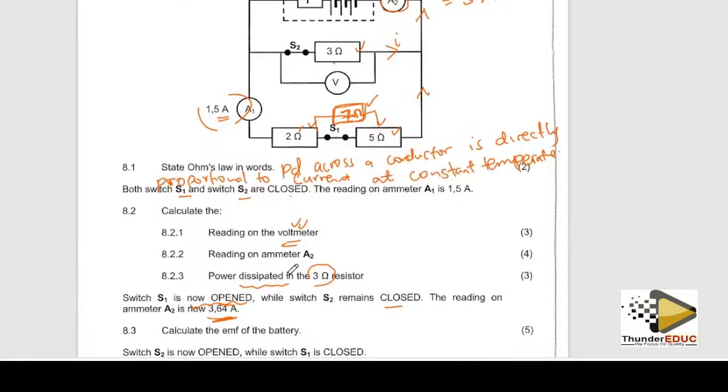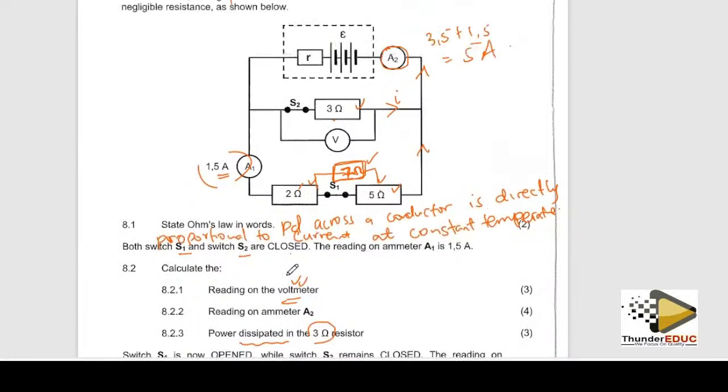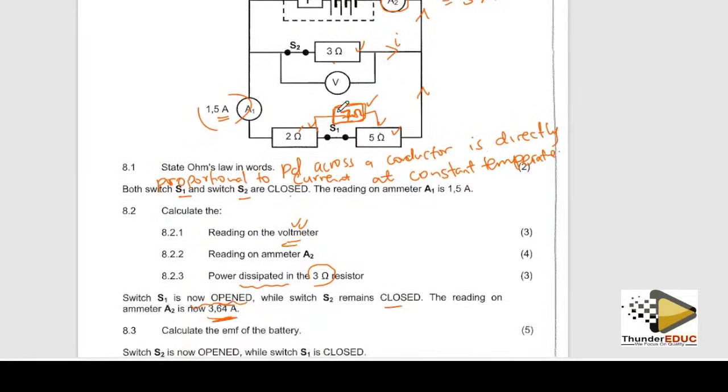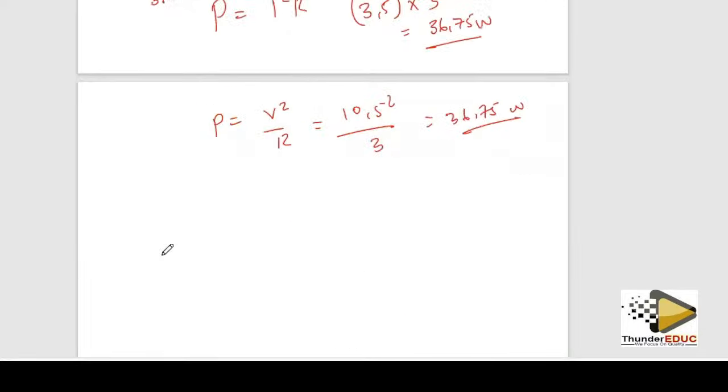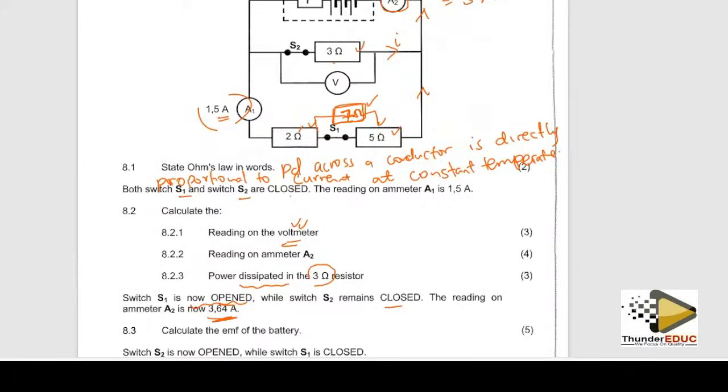Okay. If S1 is open, which means these 2 resistors are out, we're just focusing on the 3 ohm. And the current through will be 3.64. So I feel there is a simultaneous that we can solve. Okay, this is 8.3.